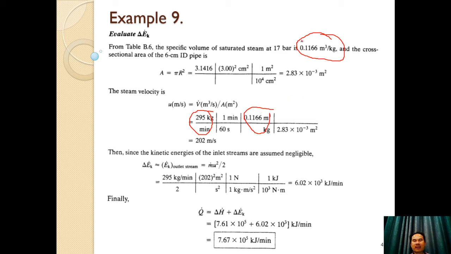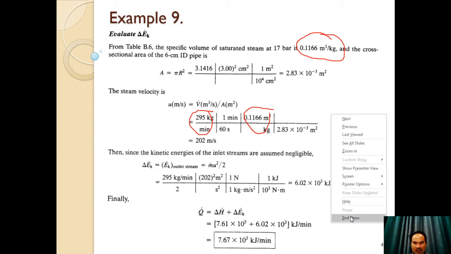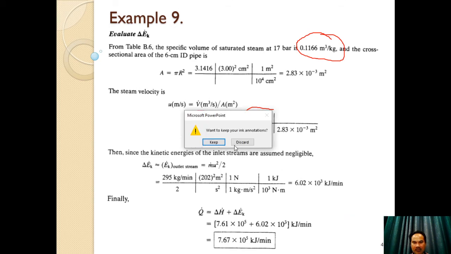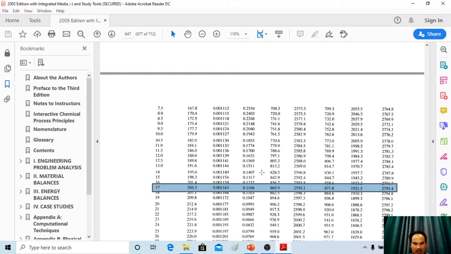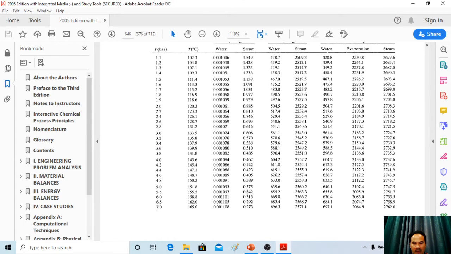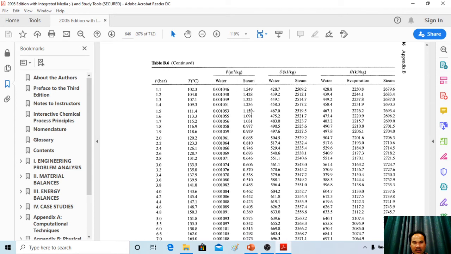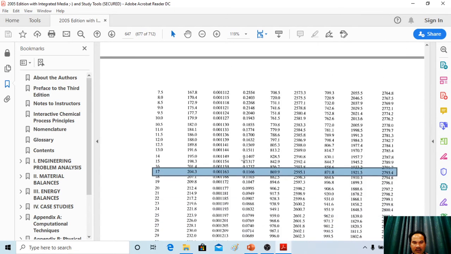How to determine the specific volume? You can get the specific volume from the table that I forgot to show you, the table of the output stream at 7 bar. If vapor, this is the steam. Specific volume of steam is 0.1166.